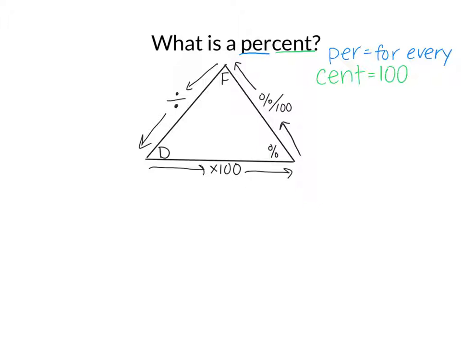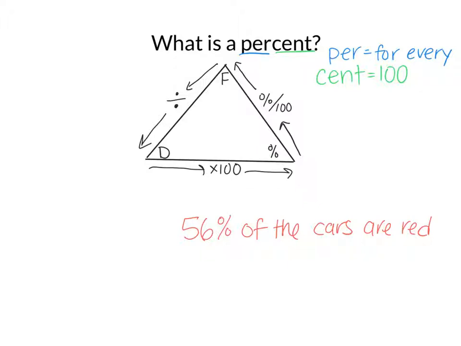So if I had this, for example, 56% of the cars are red, this literally means for every 100 of the cars that you have, 56 of them will be red. That's what 56% of the cars are red means.